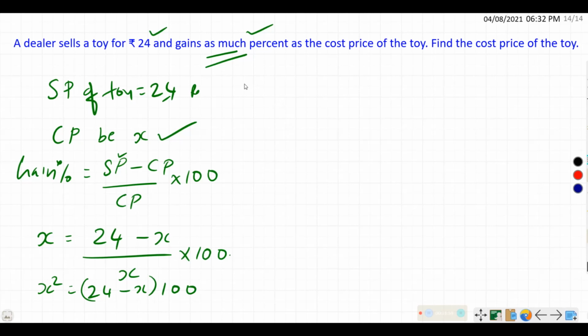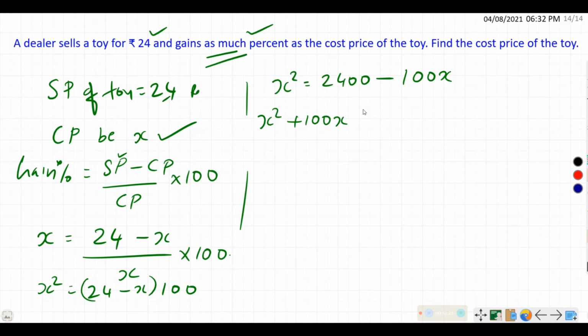That means X square is equal to 24 into 100, 2400. X into 100 is 100x. Yes, we'll rewrite it as x square plus 100x minus 2400 is equal to 0.